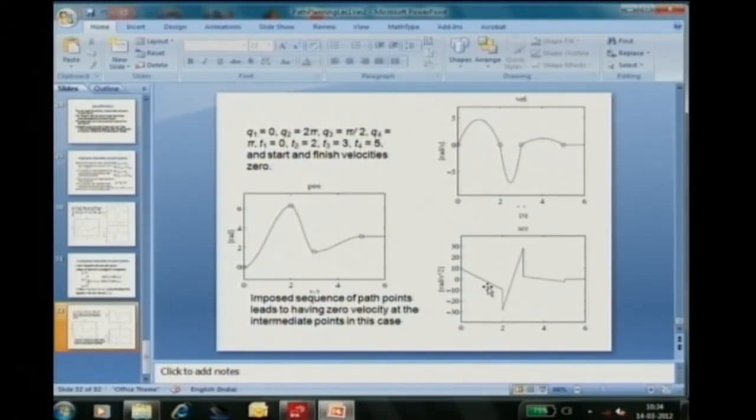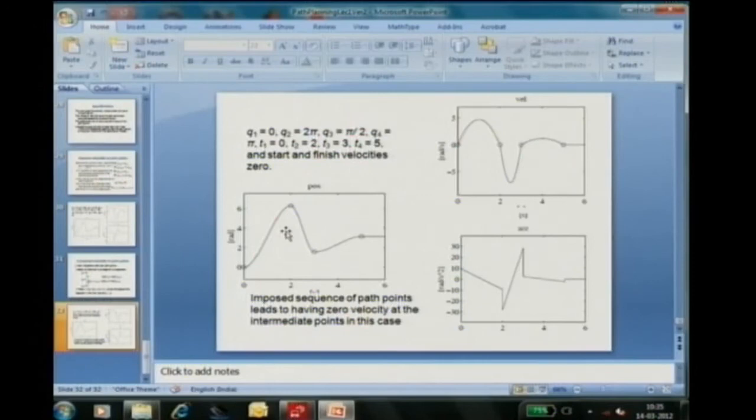If I want to keep the acceleration continuous, I have to compromise somewhere. So what I am going to end up doing is coming close to these points but not going exactly to those points, so that your acceleration stays continuous.